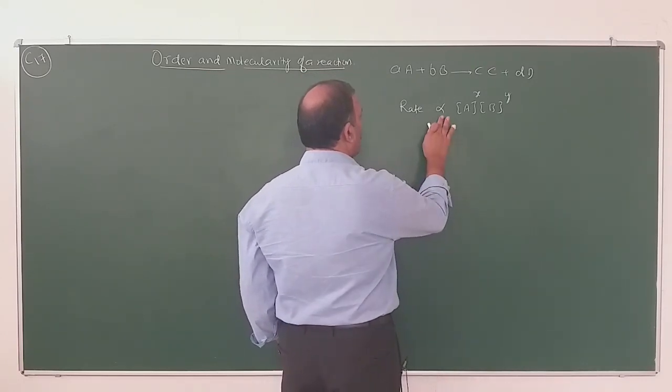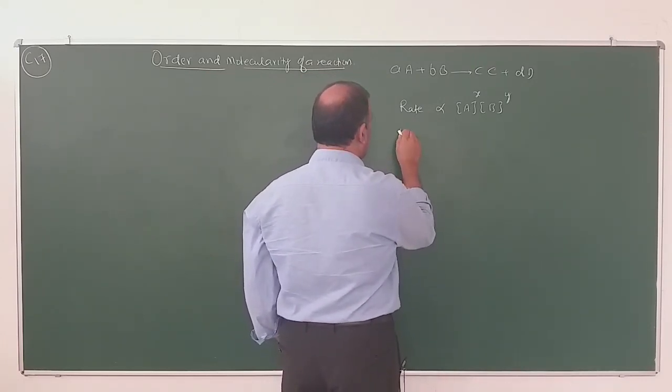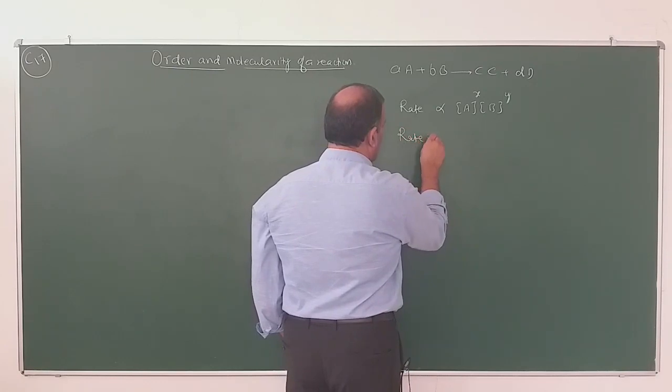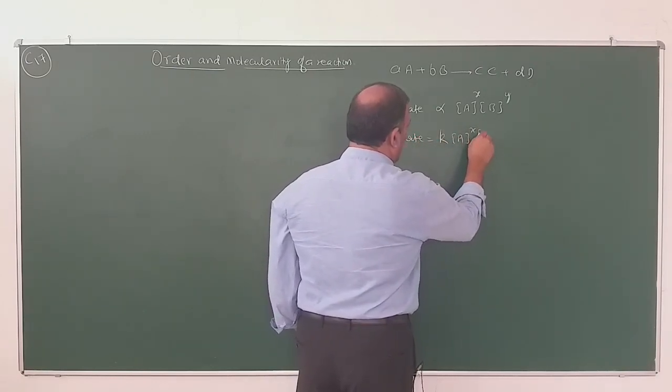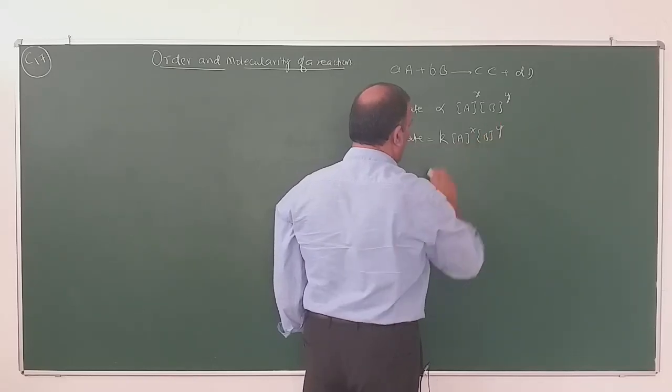So to remove proportionality sign, we have introduced a constant, that is rate is equal to K into concentration of A to the power of x into concentration of B to the power of y.